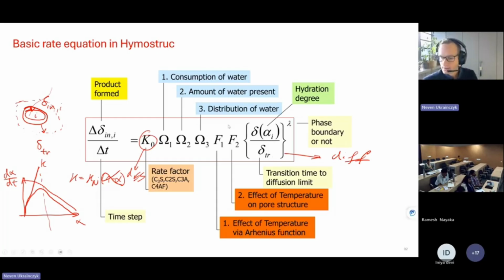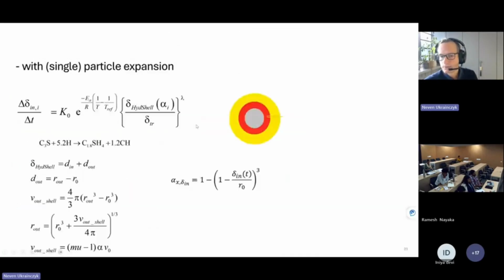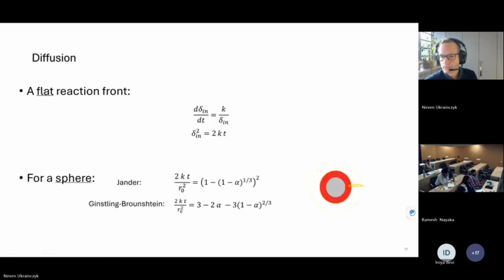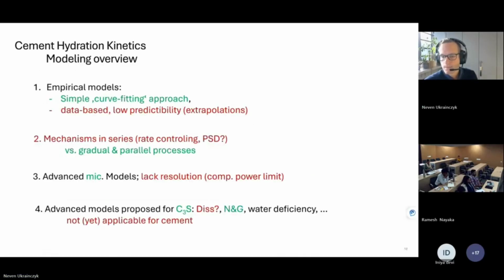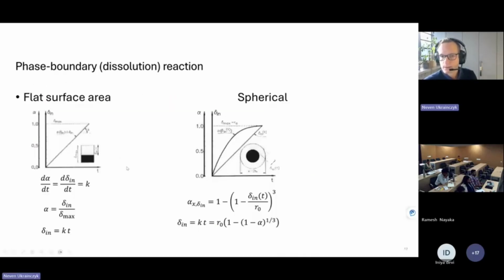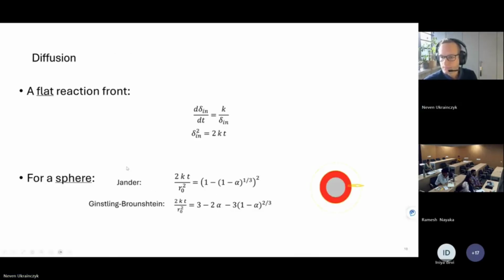And this is actually, it is diffusion. When you model, if you go back to the theory of diffusion, which I showed here, you will see that if it's a flat reaction front, okay, these are for the sphere. But the assumption was it's a flat reaction front because it's an engineering model. So you can correct it for a sphere, but there are so many parameters which are simplified.